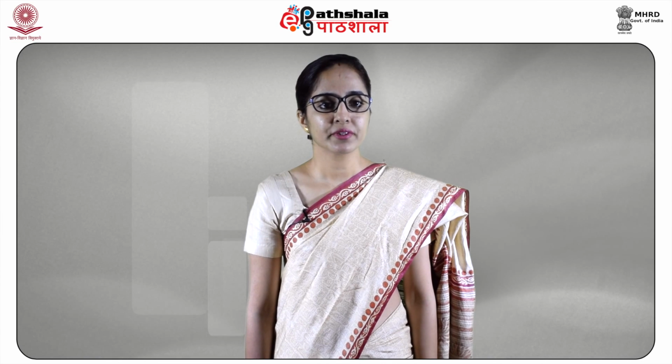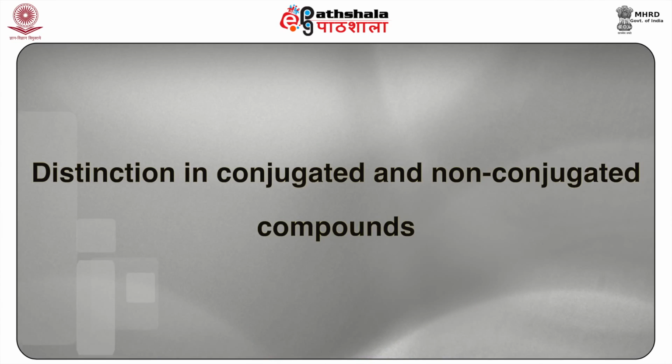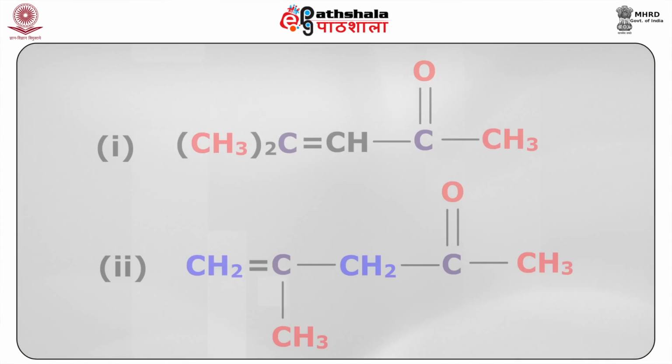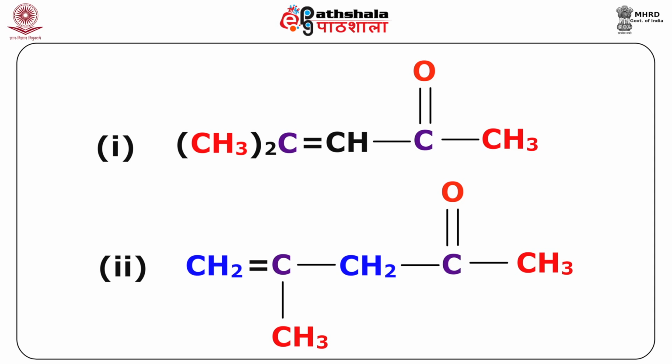Students, the next use of UV visible spectroscopy is the distinction between conjugated and non-conjugated compounds. One can easily distinguish between conjugated and non-conjugated compounds by using UV visible spectroscopy very effectively. The n to pi star band for the carbonyl group, as you can see in structure 1, will appear at a longer wavelength as it is an alpha beta unsaturated ketone.